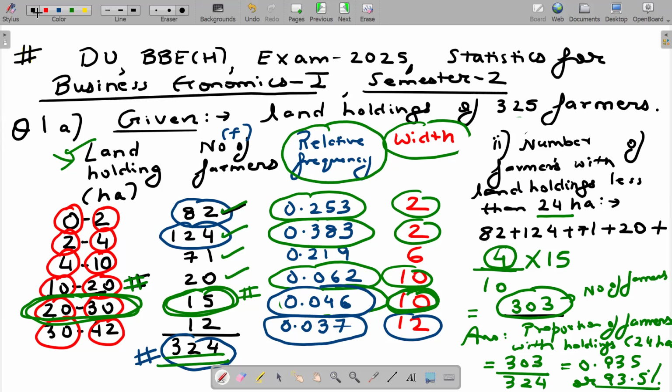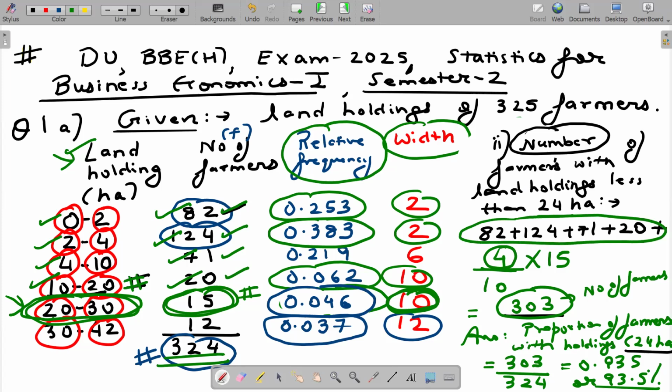So I'm revising again. We have to find out what proportion of farmers have holdings less than 24 hectares. First of all, I calculated the total number of farmers with holdings less than 24 hectares. How did we do that? 24 hectares means that I have to go till here. So this plus this plus this plus this, which is 82 plus 124 plus 71 plus 20, plus 24 comes here, so 20 to 24 is 4 divided by class width 10 times the frequency 15.